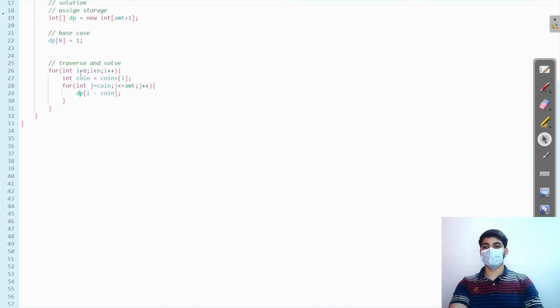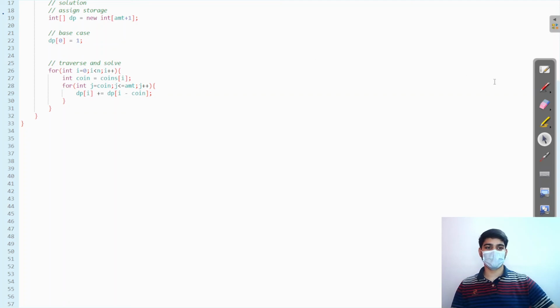This would get me the total number of combinations in which I can make the amount using this coin, right? Okay, I have to add this to dp of i, right?